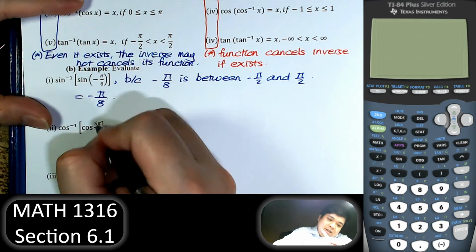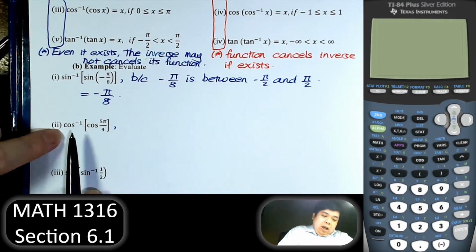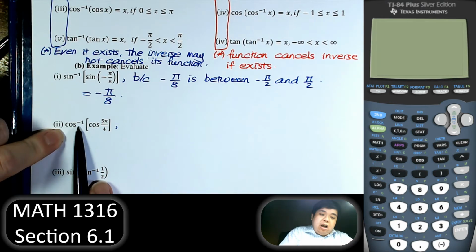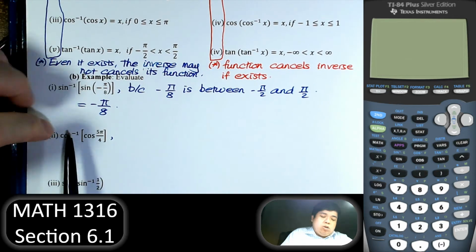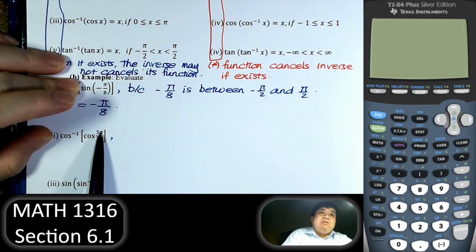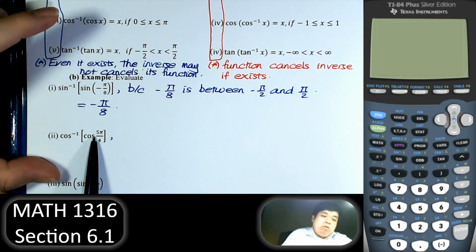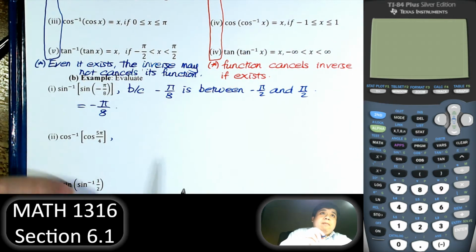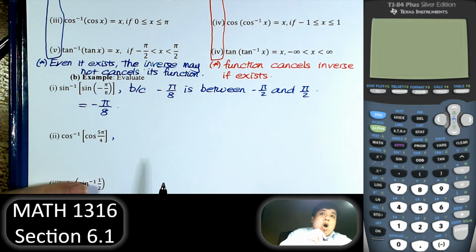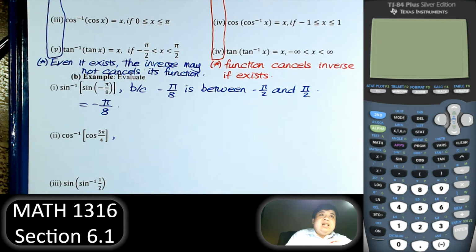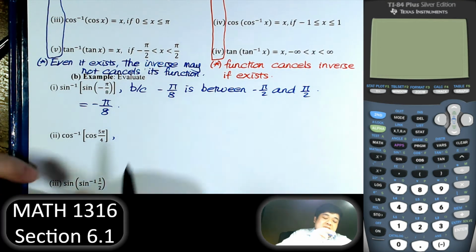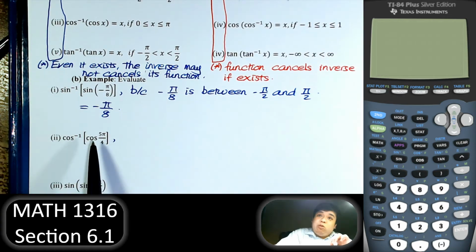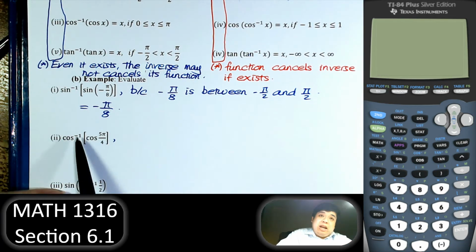Next, cosine inverse of cosine of 5 pi over 4. So, is 5 pi over 4 in this domain of 0 to pi? And the answer is no. So what happens if it is not in that domain? The inverse exists for sure, yes, but it might not cancel out, and it will not cancel out.